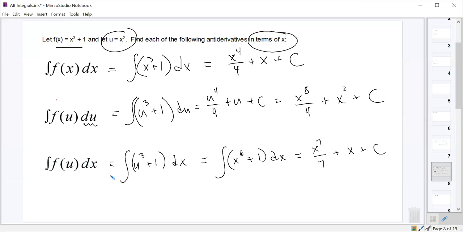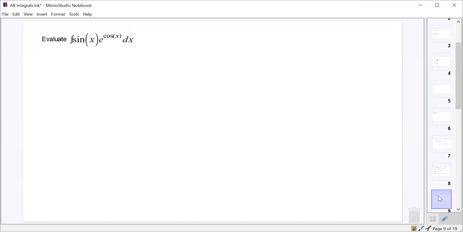And the good news is this idea of doing substitutions is going to allow us to integrate a bunch of functions that we might not have been previously able to integrate. Like something like sine x times e to the cosine x. And so what we're going to try to do to integrate this function is we're going to try to make a substitution.